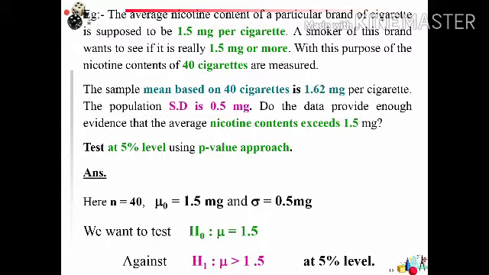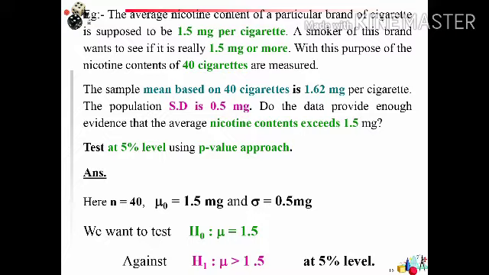The sample mean based on 40 cigarettes is 1.62 mg per cigarette. The population standard deviation is 0.5 mg. Do the data provide enough evidence that the average nicotine content exceeds 1.5 mg? Test at 5% level using p-value approach.